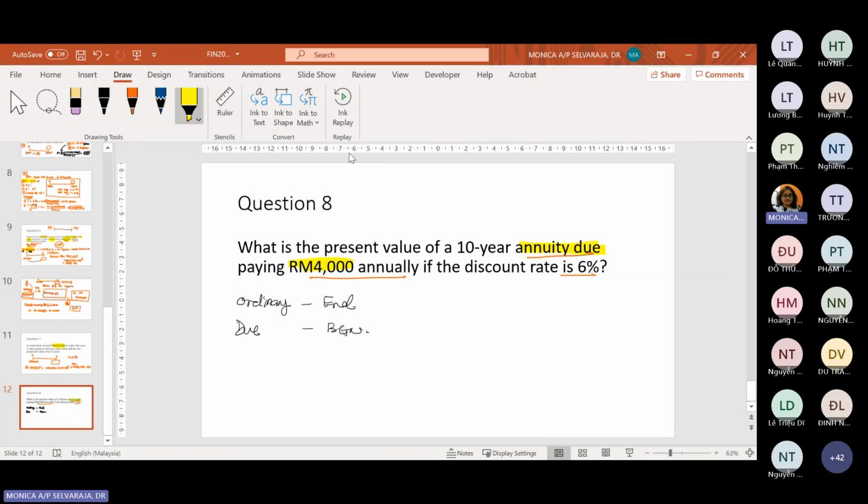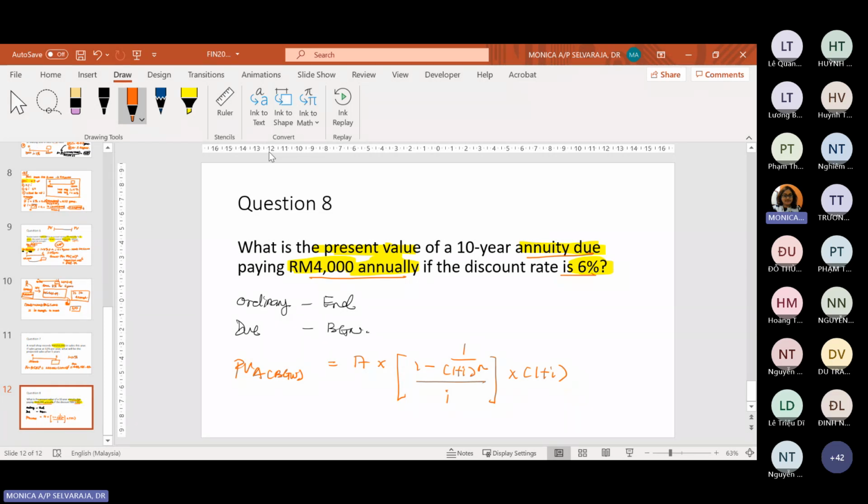Annuity due paying 4,000 annually. So what is the present value? What formula should you use? Present value of annuity, but then use the beginning period, which is multiply by 1 plus i. Okay, this is the formula.